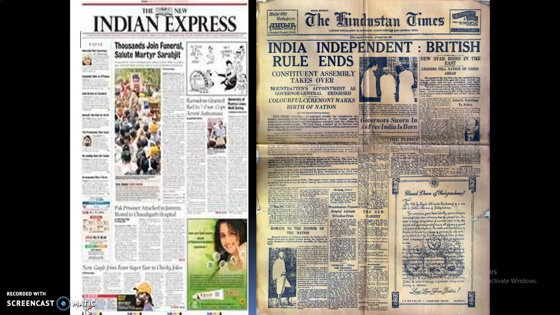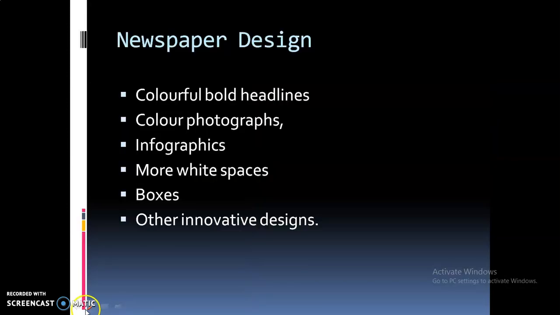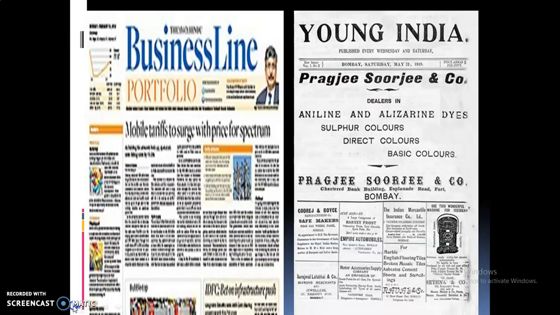So a style sheet, which we discussed in last class, or a style book, is actually a list of do's and don'ts, codified guidelines on various aspects of placing matter. See how this is the first news story. So where this news story is placed, and this is Indian Express. In Business Line, you can see the matter that is placed here, in the paper.